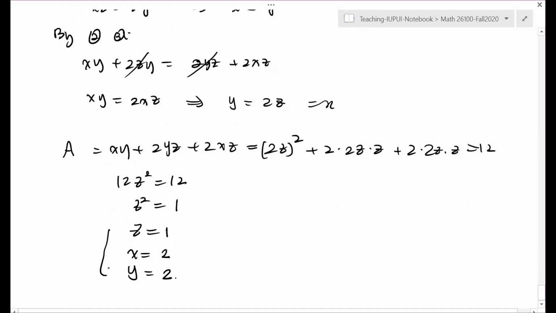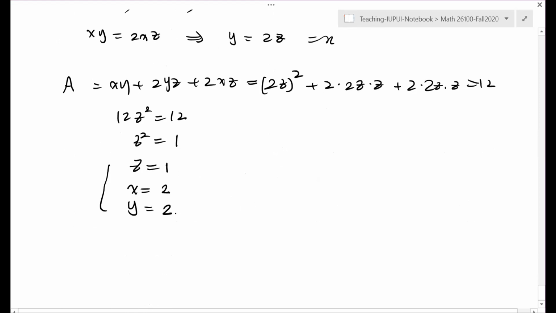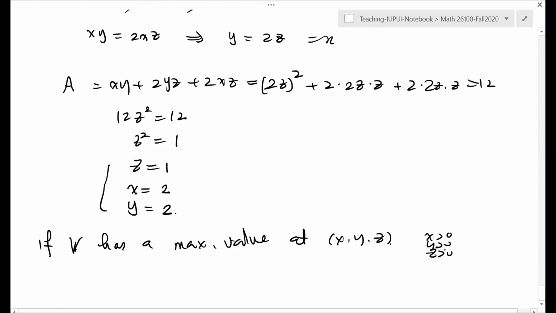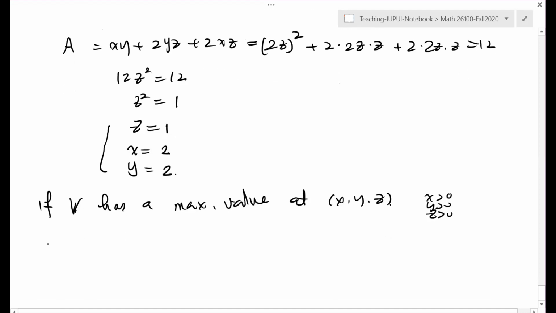Okay? So I did not even mention the lambda here. You can determine the lambda, but there's no need to find the lambda. So if the volume has a maximum value at some point, and here x positive, y positive, z positive, because all the edges, then x equals 2, y equals 2, z equals 1.